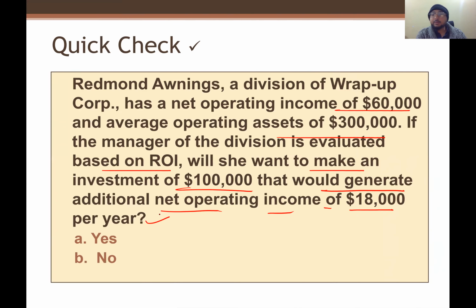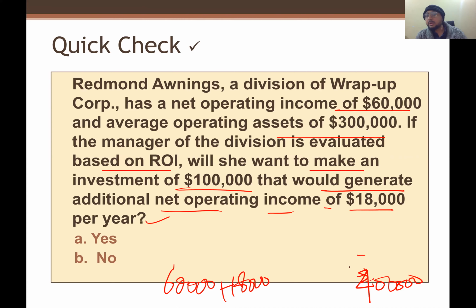What does it mean? It means income is going to be increased by 18,000, while the assets are going to increase from 300,000 to 400,000.